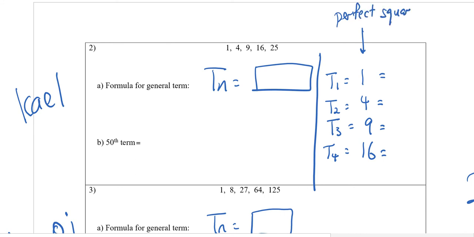Which means it's equal to something squared. Can you suggest what I can put inside the bracket? For the first one, 1. The second one, third one, fourth one. So the fixed pattern here is the square.